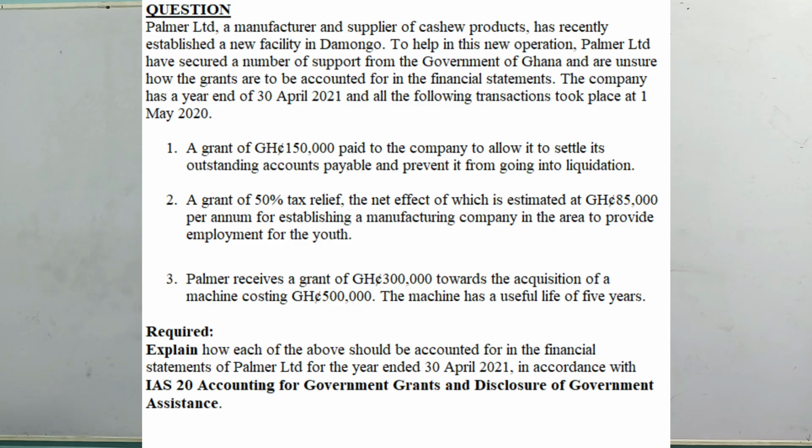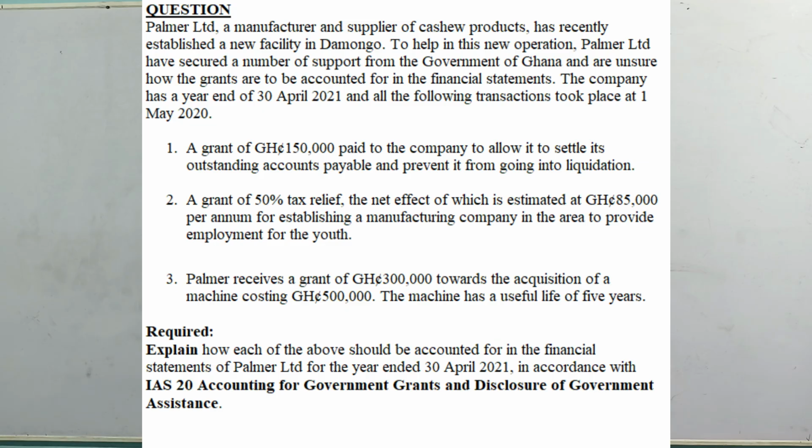So that is the second one. 3, Palmer Limited receives a grant of 300,000 Ghana cedis towards the acquisition of a machine costing 500,000 Ghana cedis. The machine has a useful life of 5 years.